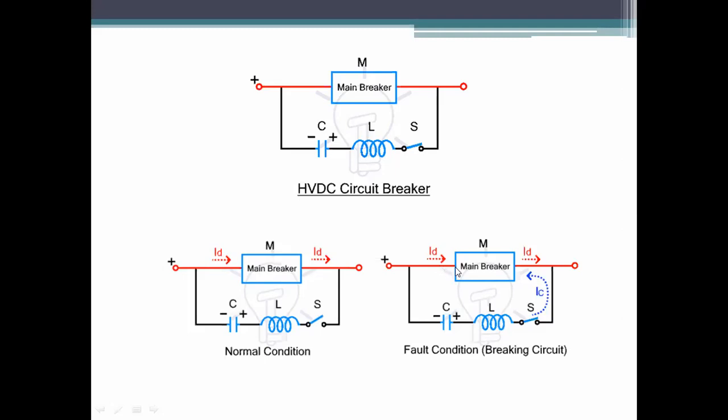The current is flowing here, and when you connect this LC circuit, the breaker gets the current zero point when this capacitor discharges. The energy stored will be supplied there, and this LC circuit is providing the natural current zero point. Sorry, it is the artificial zero crossing they are providing there.